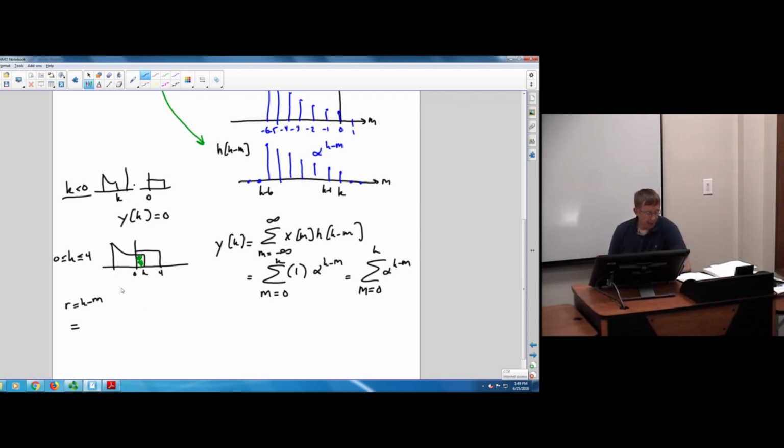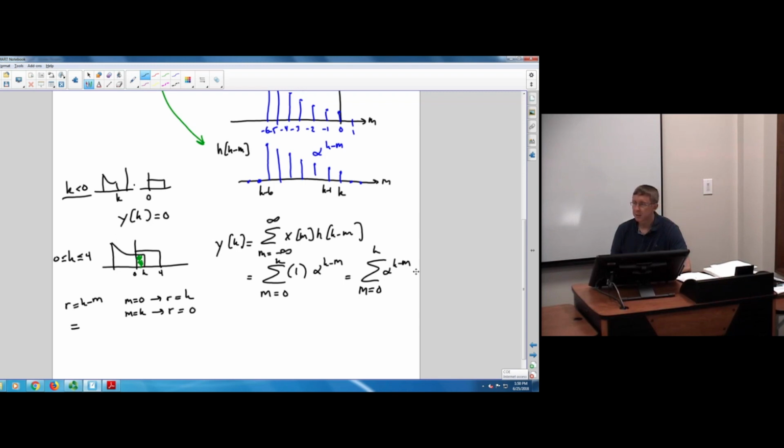If r is k minus m, we need to get rid of all the m's and replace them with quantities in r. So when m is 0, r is k. Replace m with 0 to get r is k. When m was k, what do we get? R is 0.